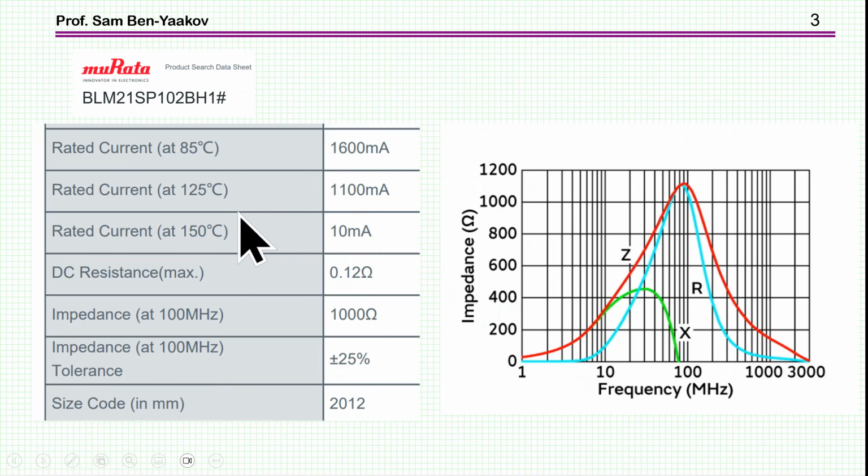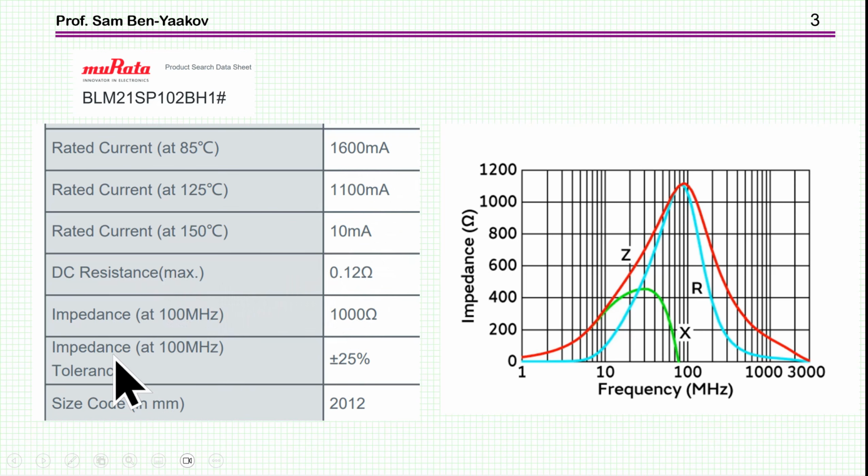Now let's have a look at some of the basic parameters of a commercial ferrite bead. Here is the impedance. I'm going to talk about it a little later. Here it says that the rated current is 1.6 amps, which is fairly nice. It's a high current bead. The DC resistance is 0.12 ohm, compatible with this current, of course. You cannot have a large DC resistance with such a high current.